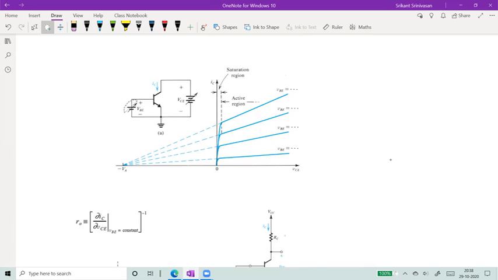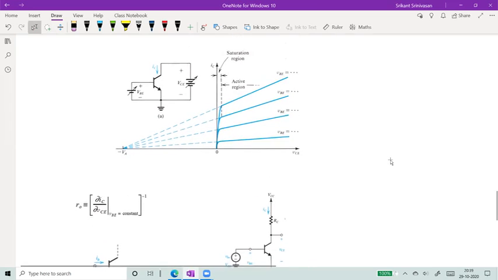So if I keep increasing the input voltage VBE, I'm plotting the IC as a function of VCE. There is the active region, the saturation region, etc. We've done all of that. And we know that if I want this to work as an amplifier, I should operate in the active region. We even drew a load line across this and all of that.